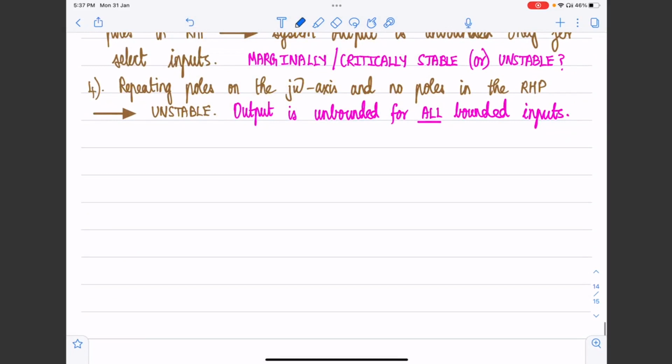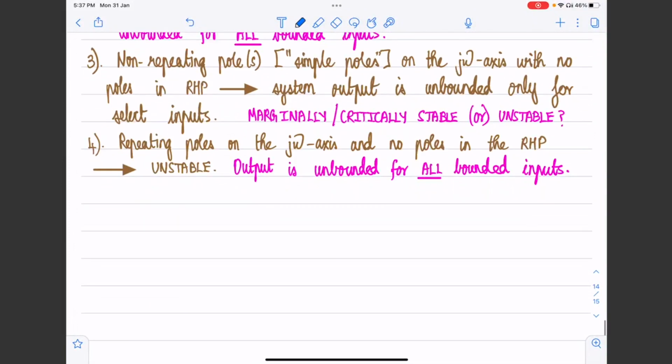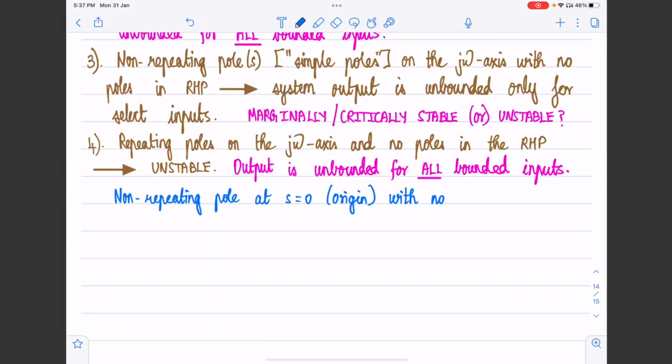All right, so now just expanding a little bit on case 3. There are 2 parts to case 3. If we have a non-repeating pole at s equals 0, which is the origin in the complex plane, with no poles in the RHP, what happens is the following.